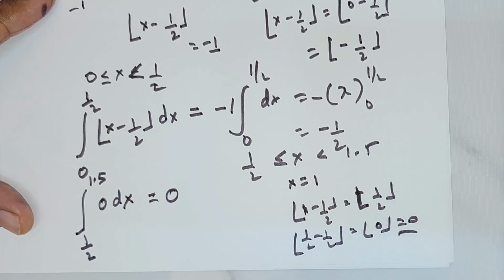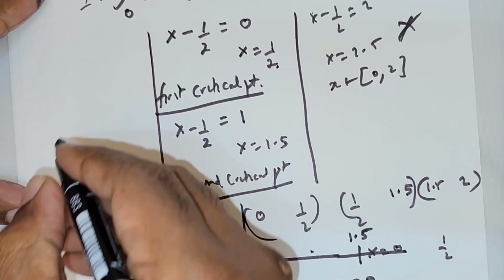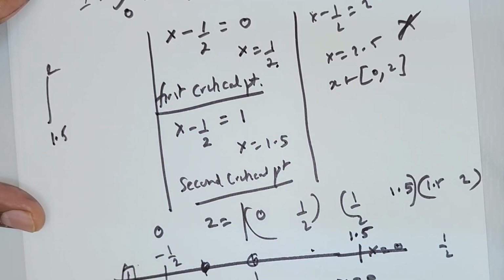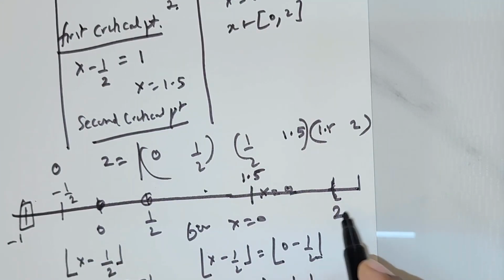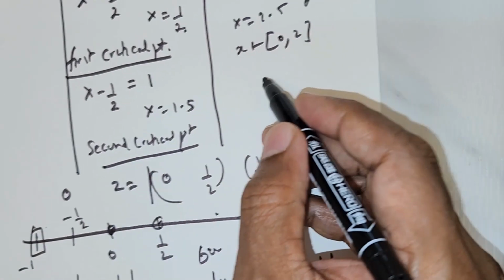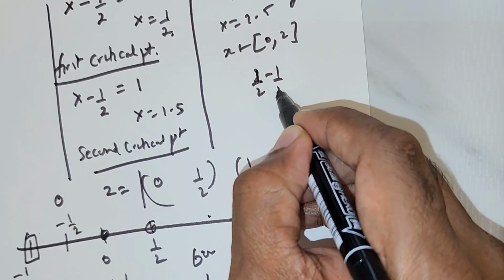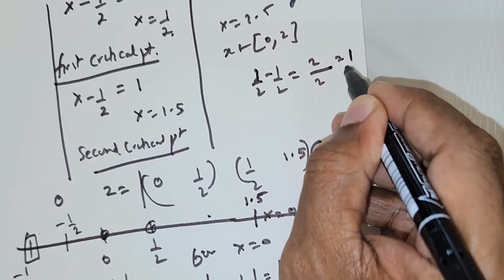Now the next limit, we will have to check 1.5 to 2, so all values between 1.5 and 2. If I take 1.5, let me check that value. 1.5 is 3 over 2 minus 1 over 2, which is 2 over 2, equal to 1.